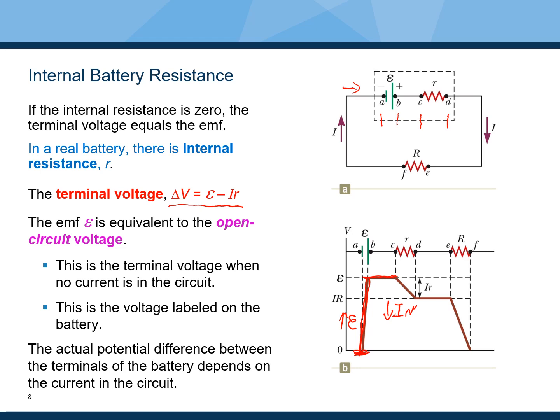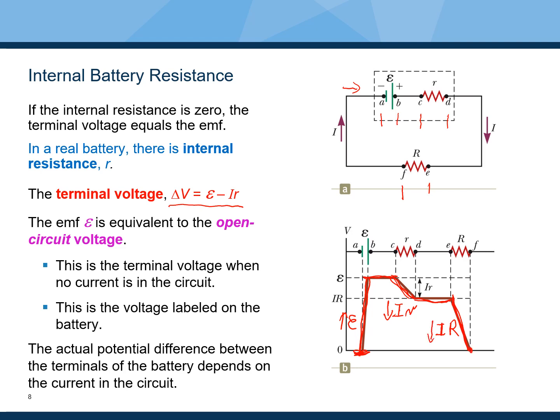And then the same current flows from E to F through the external resistor, and that's where it has an even larger potential drop, given by I times big R.